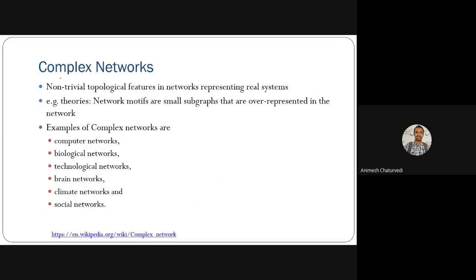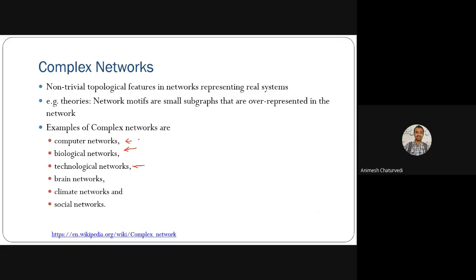Other examples that are possible in complex networks are non-trivial topological things like network motifs. So subgraphs are there, various subgraphs are there. Critical analysis could be done for rule mining, and the applications could be complex networks, biological networks, technological networks.